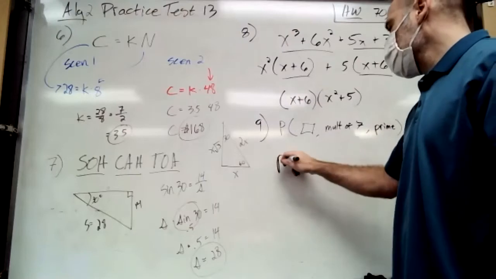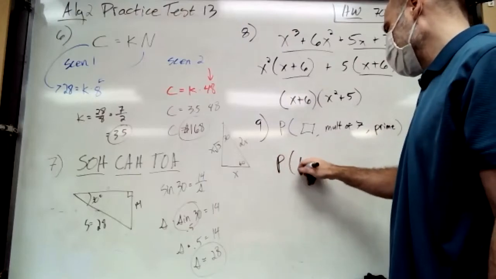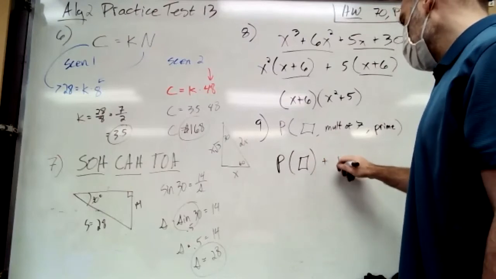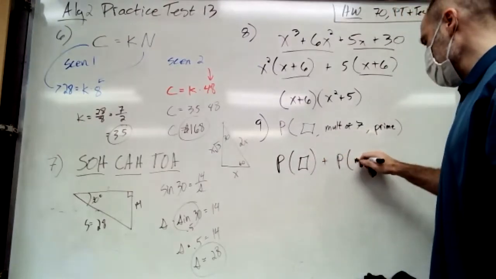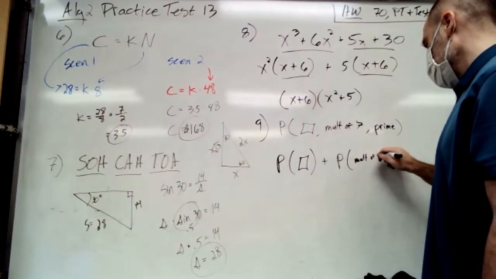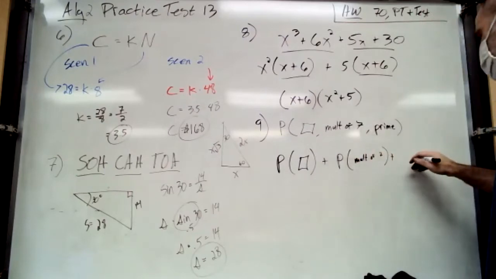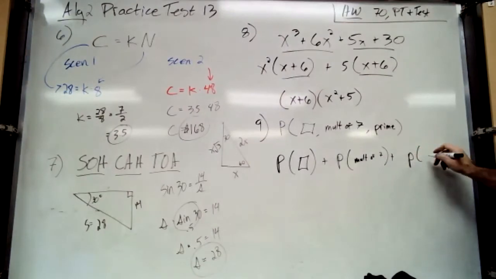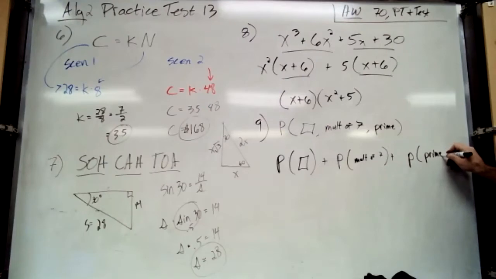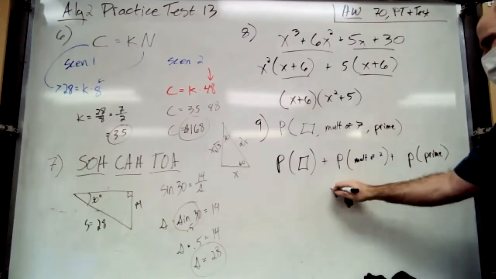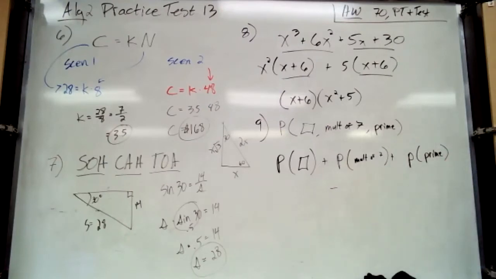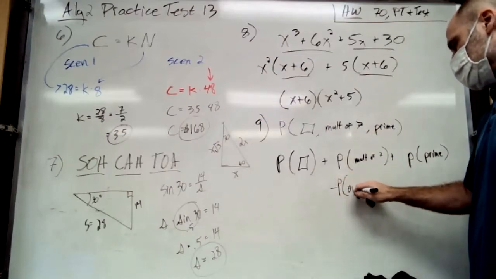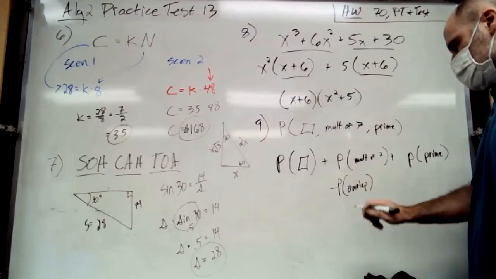So we're going to go probability of square plus probability of multiple of 7 plus probability of prime, and then minus probability of the overlap, if there's any, okay?